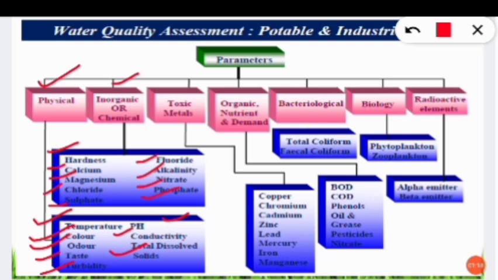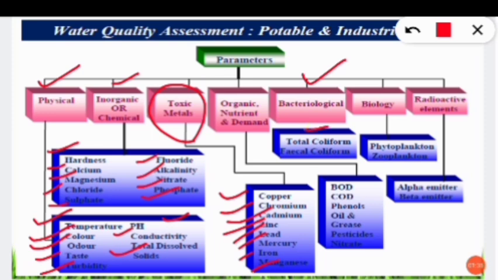For toxic metals, the tests are for copper, chromium, cadmium, zinc, lead, mercury, iron, and manganese. For bacteriological assessment of water quality, you should be able to do the total coliform or fecal coliform count.